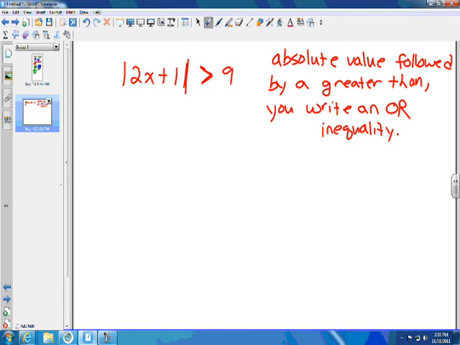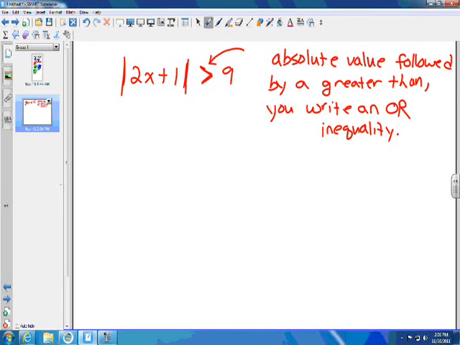Absolute value followed by a greater than, you write an or inequality. So again, that is a greater than sign, the one that you see in the middle there. If it's eating the absolute value bar, it is greater than.